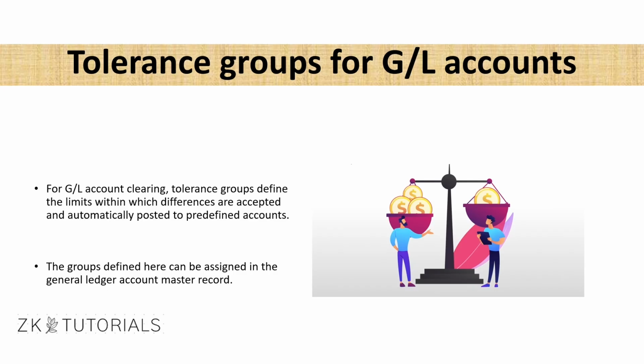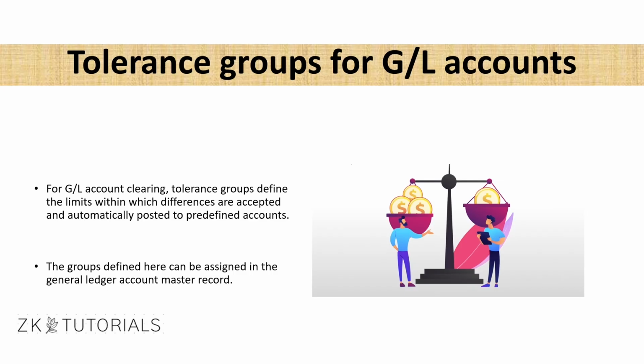For example, whenever we sell goods, the customer will be paying us a part payment of it. So a part payment might be from the invoice. For example, we have sold goods worth 1,000 rupees, but customer is paying only 990 rupees. That means there is a 10 rupees difference between the invoice and the payment.